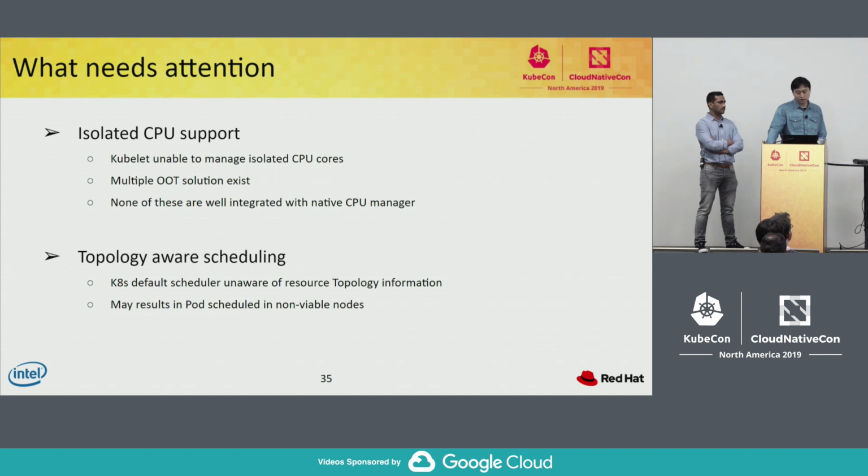There are also some out-of-tree solutions for this problem. However, we would like to see a more upstream solution, since none of them are well integrated with the native CPU manager we already have in Kubernetes.